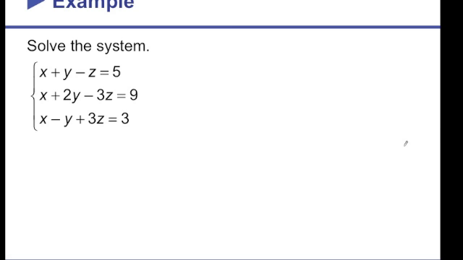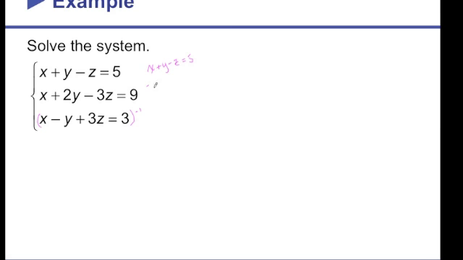Now let's try this system. Again, look at this, we've got just one x in each of those. So let's take the top equation, and let's take the bottom equation times -1.